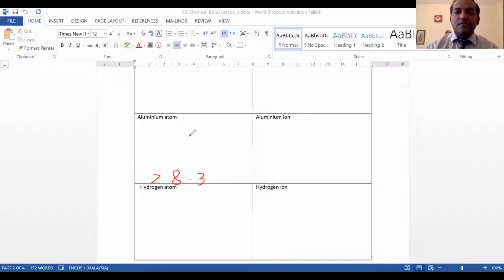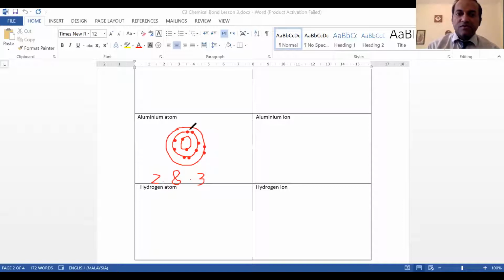If you want to draw, you need to draw the first shell, second shell, and the third shell. And you put the electrons: 2 in the first shell, and 8 in the second shell, 1, 2, 3, 4, 5, 6, 7, and 8.